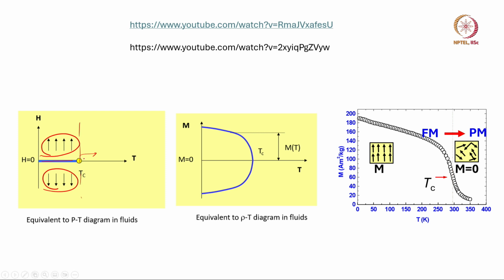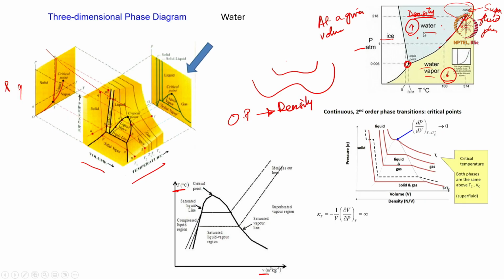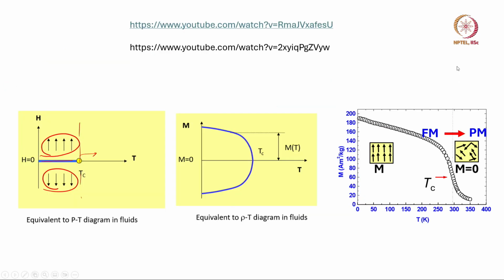This is very simple because in a ferroelectric my up and down polarizations are very symmetric, whereas in water, the water and water vapor are not very symmetric phases in their density. So here if density is -1, here the density is not +1. But in a ferroelectric material, if polarization is +1, here the polarization is -1. So that is why it looks very ordered, but this is the same line as this line here. So, that is what tells me where the critical point is.